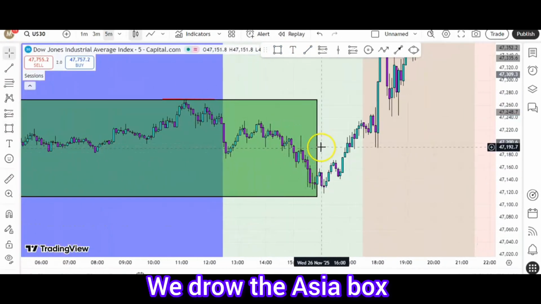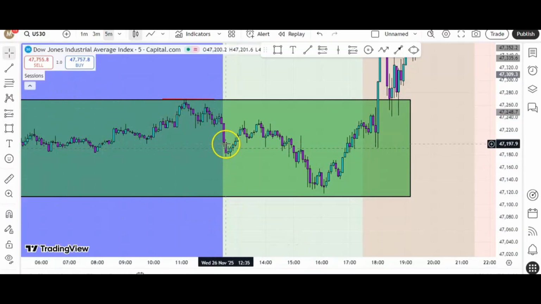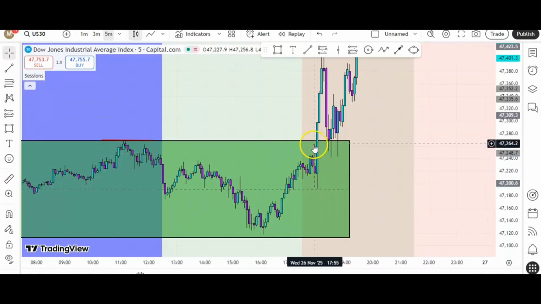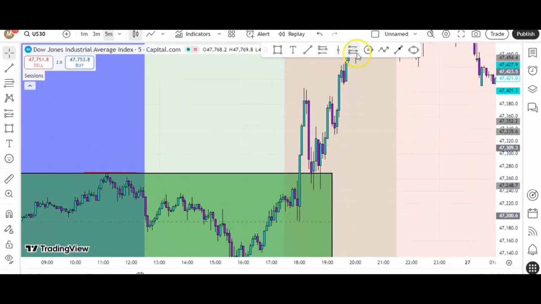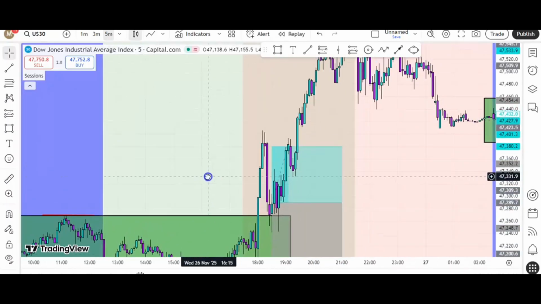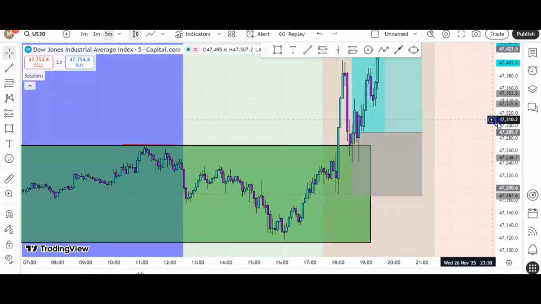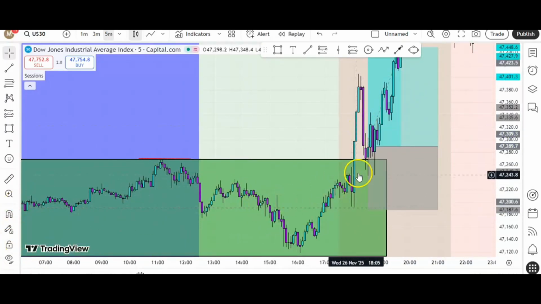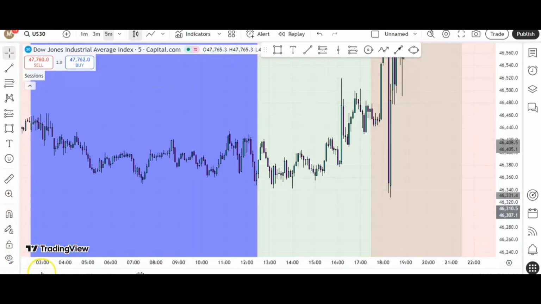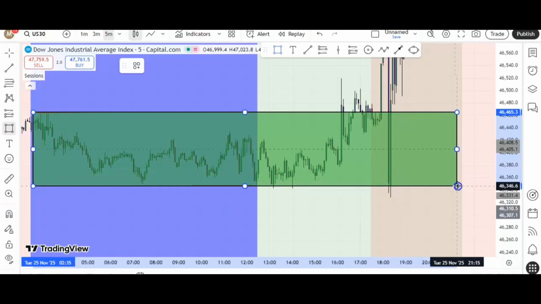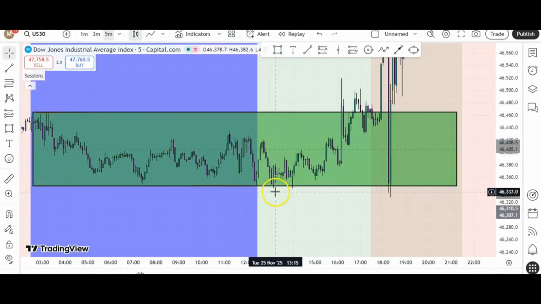We draw the Asia box. Here, price hunted the Asia session low.